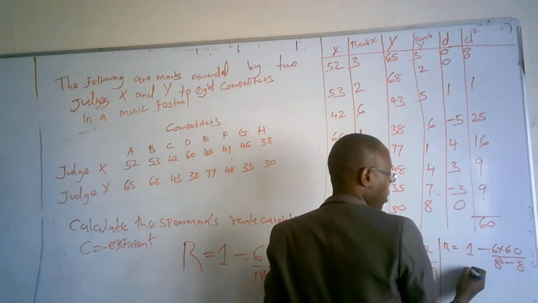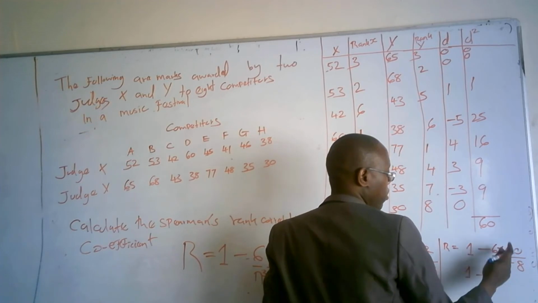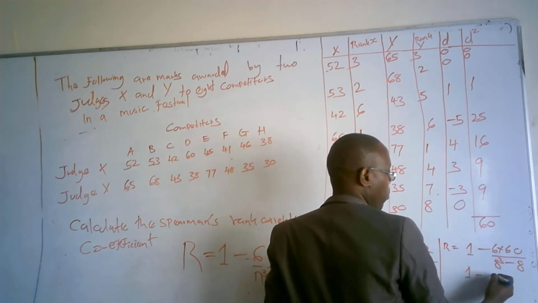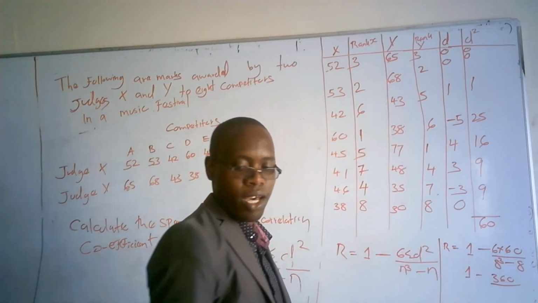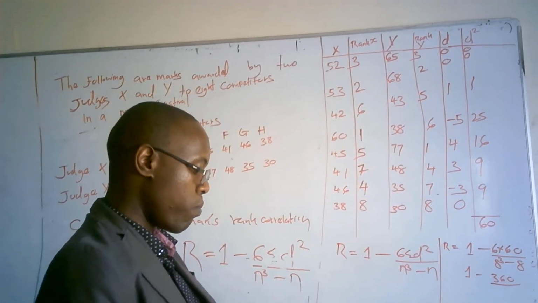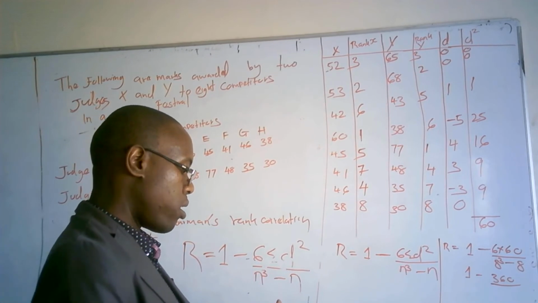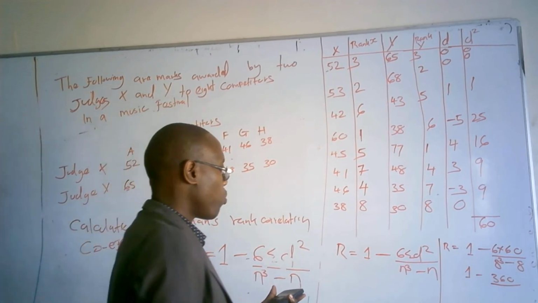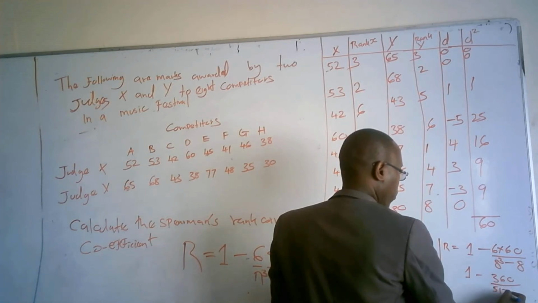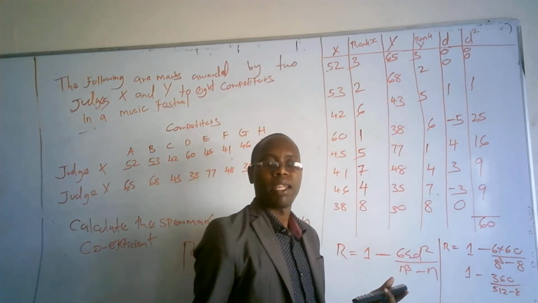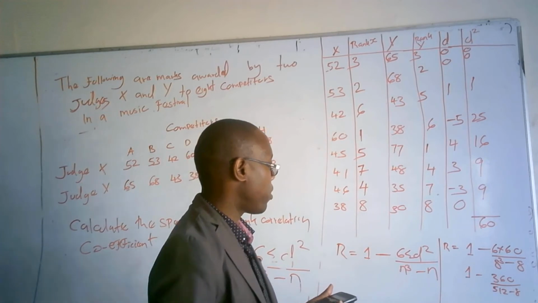So which is basically 1 minus 6 times 60, which is going to be 360. And then of course we are going to take 8 cubed, and our 8 cubed is going to be 512. 512 minus 8, minus that particular 8 there.